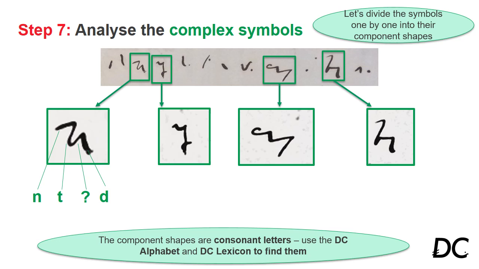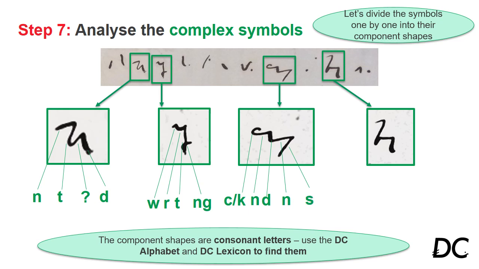In the second box, we also have 4 shapes, W, R, T, and NG. In the third box, we have 5 shapes, C or K, N, D, N, and S. And in the fourth box, we have F, R, N, and D.